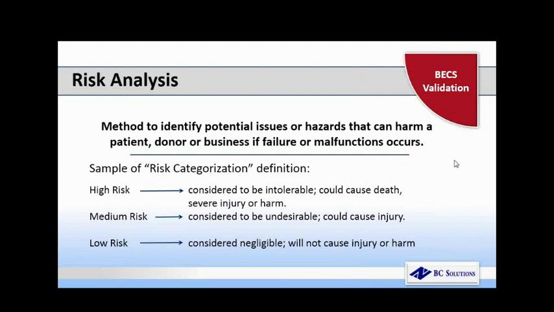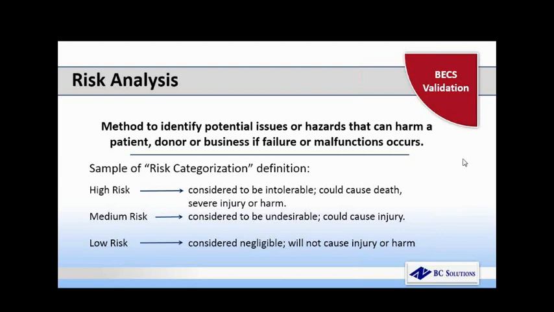If you're a transfusion service, you might want to look at risk to patients. If you're a donor center, you might want to look at risk to patients and donors, as well as to your business needs. You need to look at those places that can cause harm to your system or to your patients or donors.